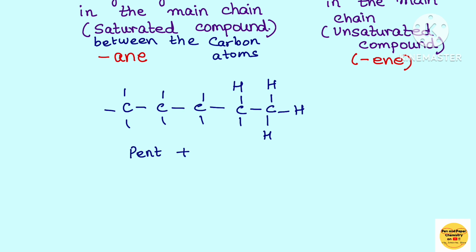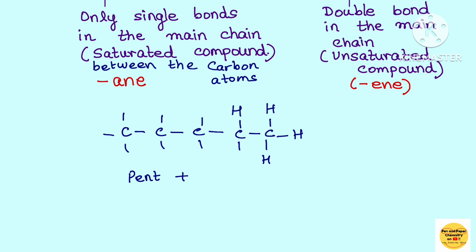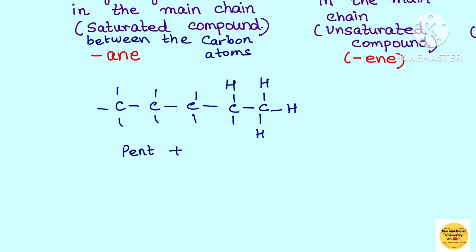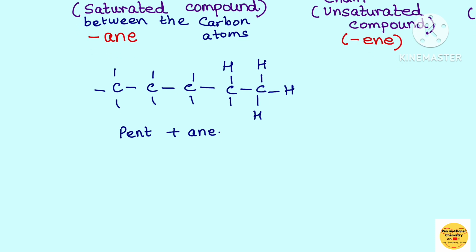Now let's come to the primary suffix. Look at the nature of the carbon chain. Yes, it is fully saturated. So I will add ane to it. Now, how do we form the name? We are going to join the two parts and I have the name of the compound as pentane. Pentane. It's one word now.